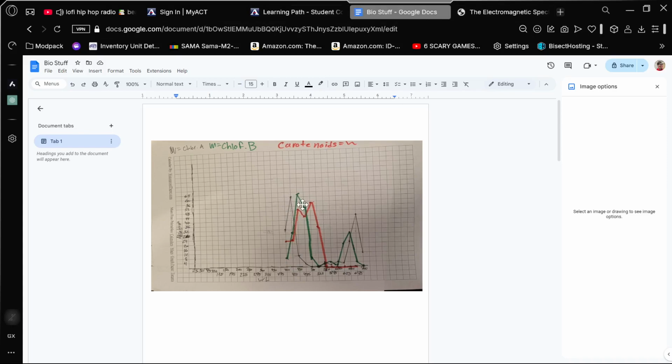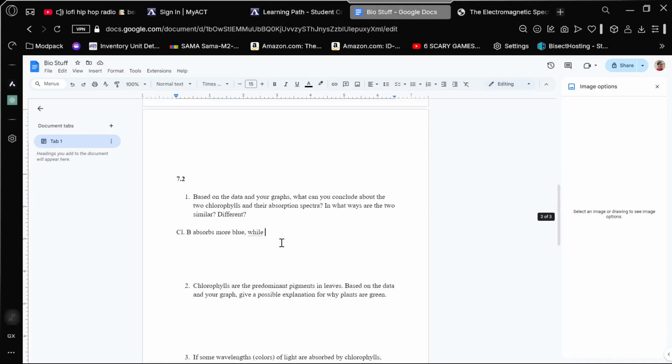I guess they both absorb about the same amount of blue. Chlorophyll A and B both absorb a good amount of blue.